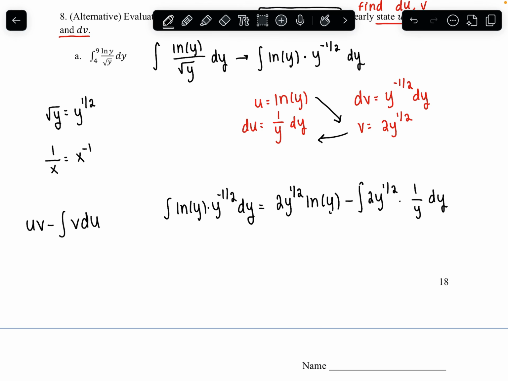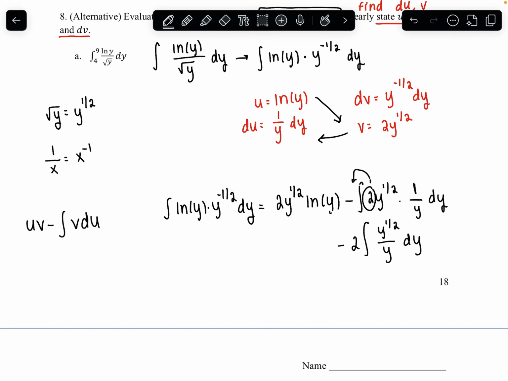Okay, I'm running out of room. That's fine. So now we need to evaluate the second integral, but let's clean it up first. Anytime you see a constant, just for your own sake, pull it out in the front and forget about it for now, okay? Now, y to the 1/2 divided by y. You see that? Multiplying by a fraction is the same thing as dividing.